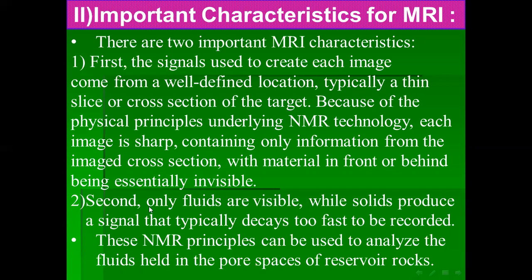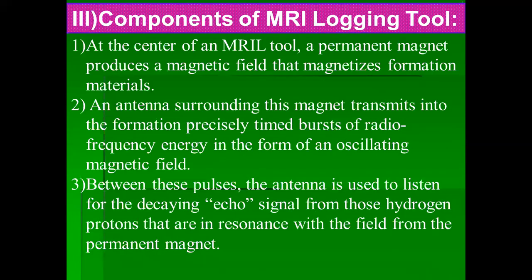And second, only fluids will be visible to NMR, while matrix or solids will produce a signal that typically decays too fast to be recorded. And so these NMR principles can be used to analyze the fluids held in pore spaces of reservoir rocks.